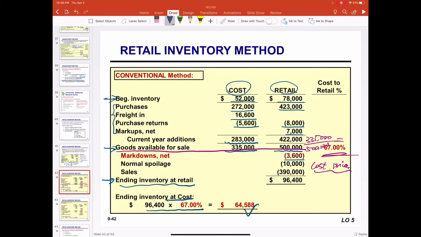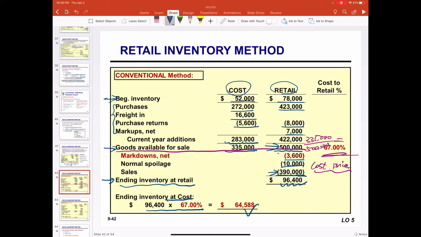If there's any normal spoilage, it decreases the sales revenue. So the sales revenue after markdown and the normal spoilage is $390,000. We know that's the total sales at retail value. 500,000 is total goods available for sale. Their difference is the goods unsold or on hand.